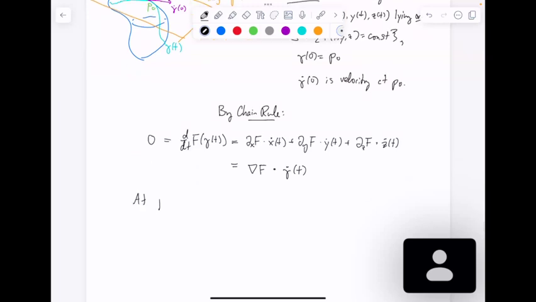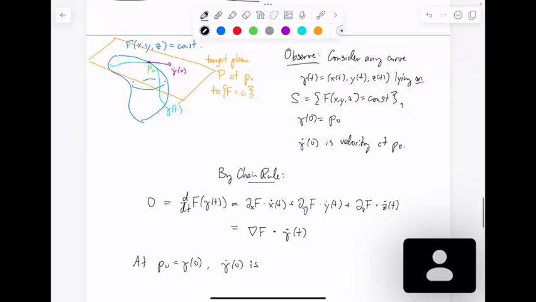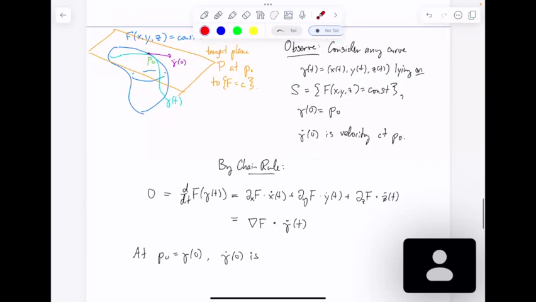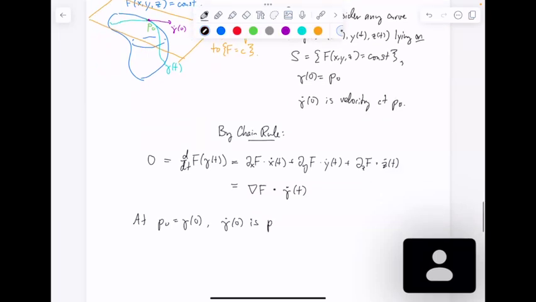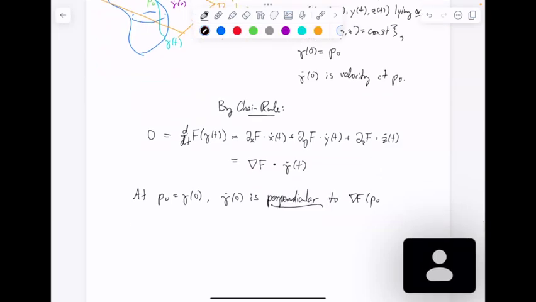So at p0, which is at t equals 0, if I have any curve that goes through p0 at time equals 0, and this curve is confined to my blue surface here, then gamma dot must be perpendicular to my gradient vector of f, right? It's perpendicular to the gradient of f at p0.